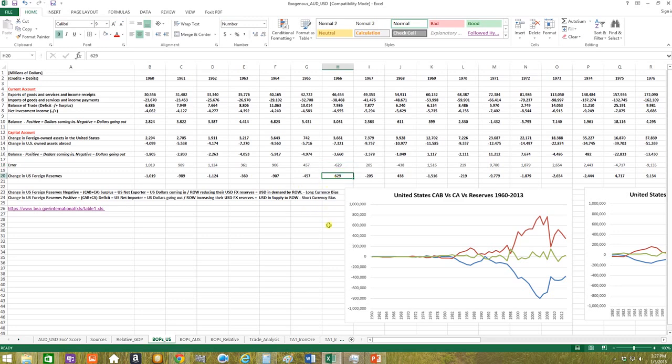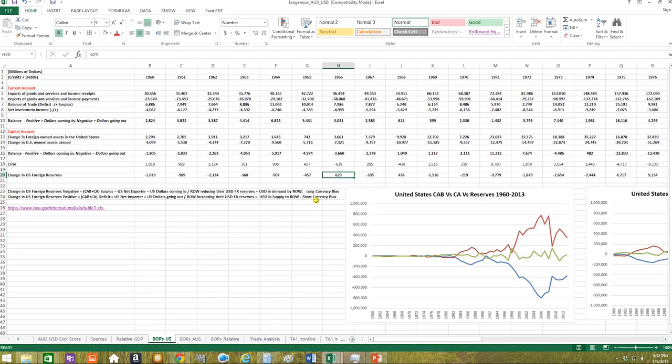And in proportion, the US's own foreign reserves, because the US has now lost 629 billion US dollars in value, the US foreign reserves go up in value by the same dollar proportion.